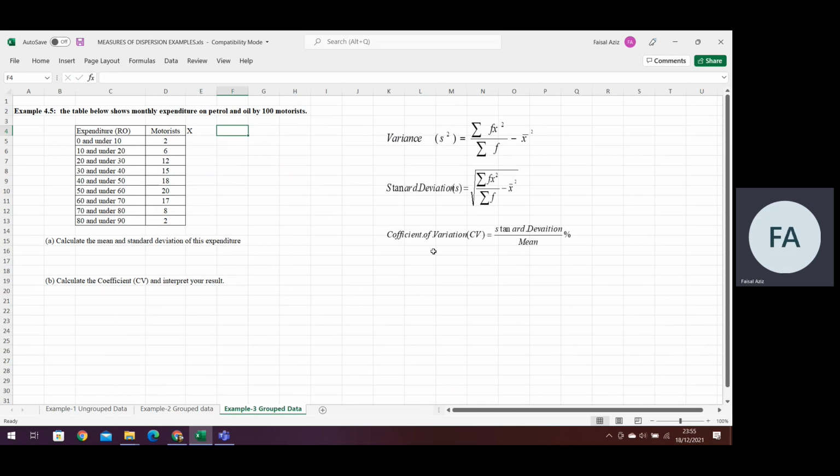Then f into x, then fx square, and frequency. You can use this data to practice this question by yourself.